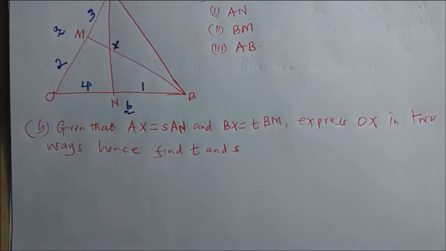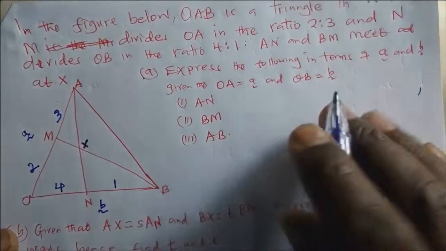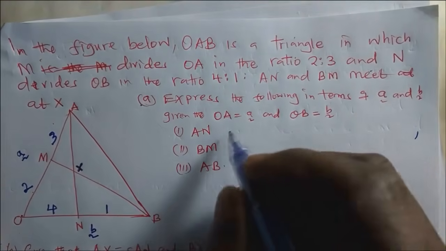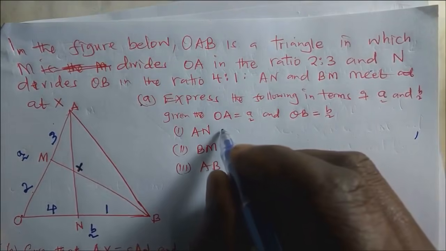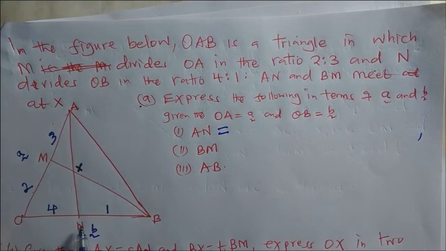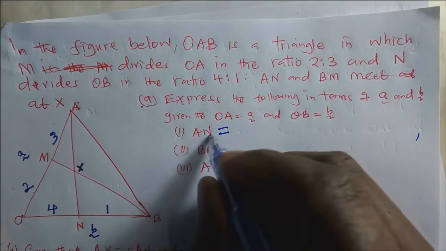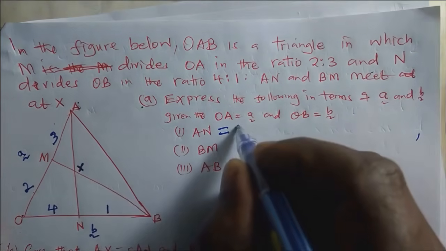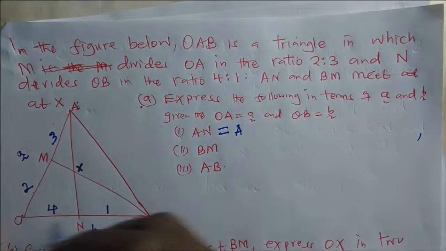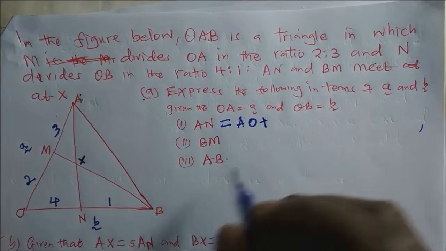To express this, we can even express them here. AN is equal to AO plus ON.